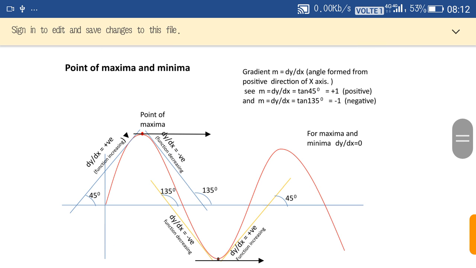Here we can easily understand it by a graph. How will you find and check the points of maxima and minima? Here you see the graph is like this. First we have to know the gradient, that means the slope of the function, the slope of the tangent, that is dy upon dx.